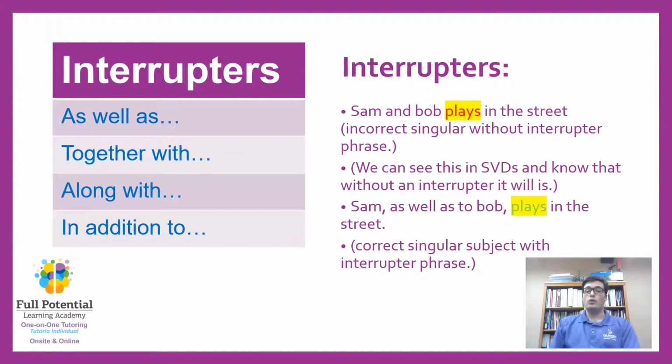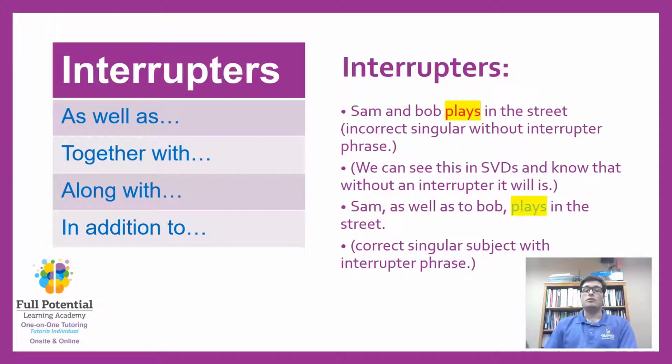Of course, there's more than one way to hide particularly nasty subject-verb disagreement errors. Interrupters are phrases in a sentence that provide additional, but ultimately not needed, information. For example, "Sam and Bob plays" is incorrect because it should be "Sam and Bob play," since it's focusing on Sam and Bob.